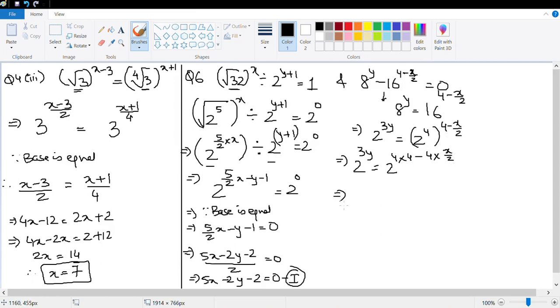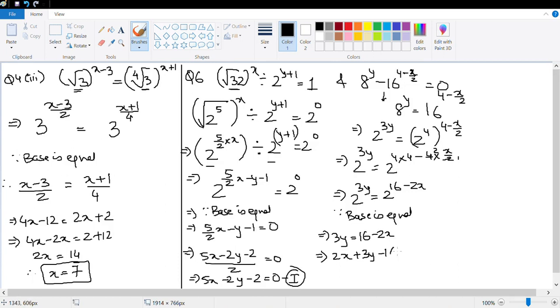So that's 2 to the power 3y is equal to 2 to the power 16 minus 2x. Now since the base is equal, I get 3y is equal to 16 minus 2x. Let's take everything on one side. That's 2x plus 3y minus 16 is equal to 0.